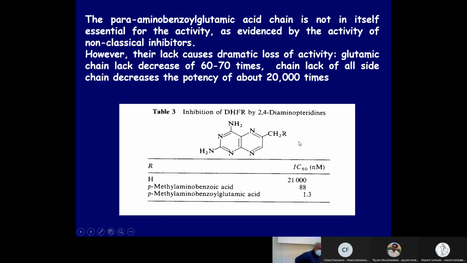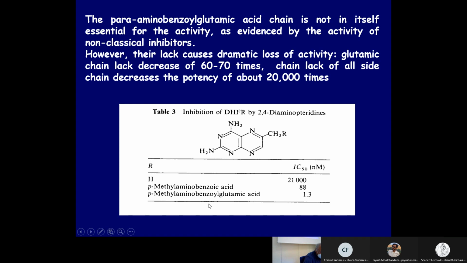Here you can see the importance of the three building blocks, of the three units of methotrexate. You can see the first part, the pteridinic group. In this case, the IC50 is very high, 21,000 nanomolar.